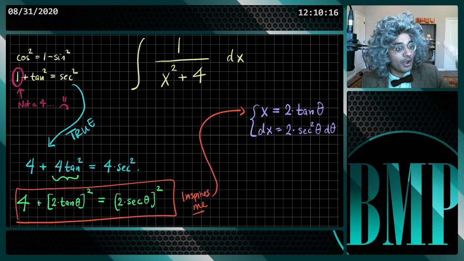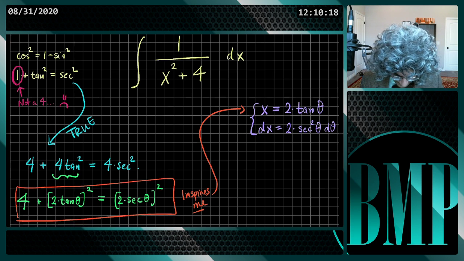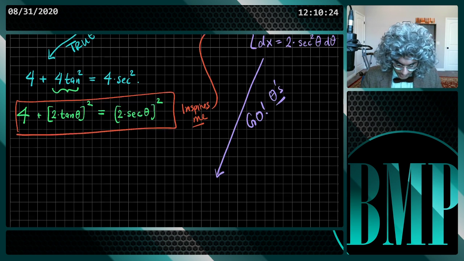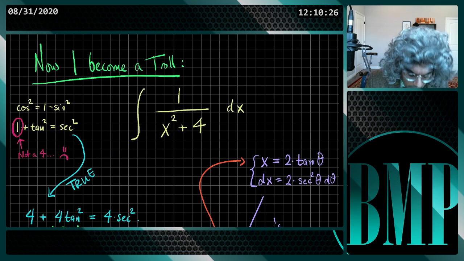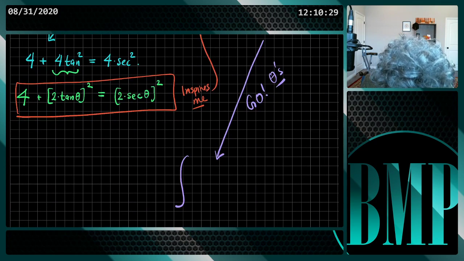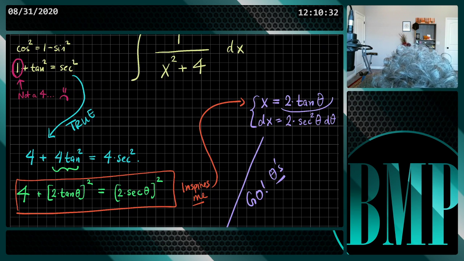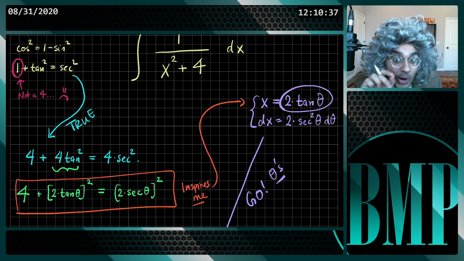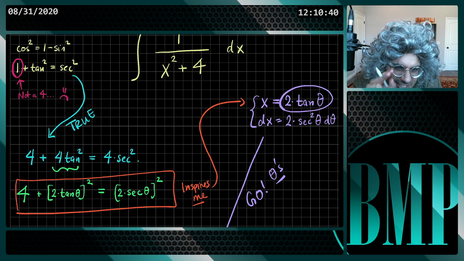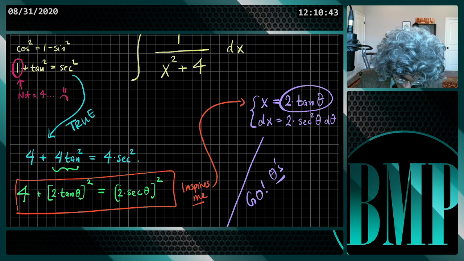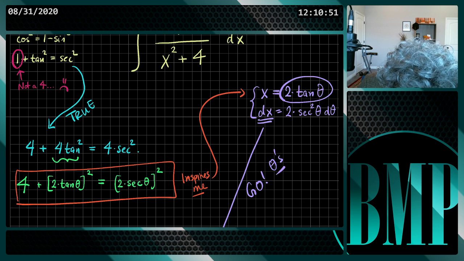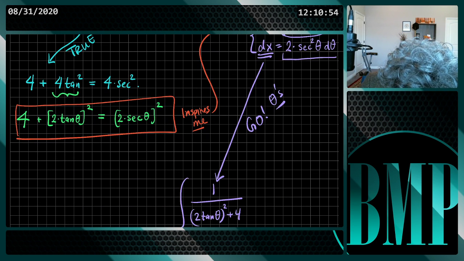Now I follow my nose: one over x squared plus 4. Now what is x? It's this. I delicately put a 2 there and not a 4. I put the square root of 4 right in front of tangent. And dx is just 2 times secant squared.